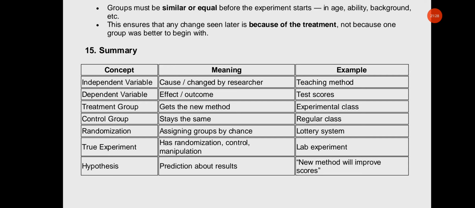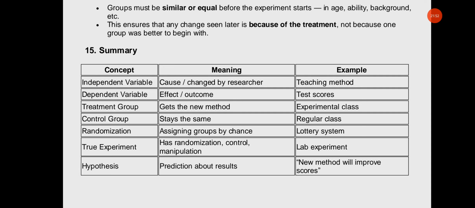Control group means stays the same. Example, regular class. Randomization: assigning groups by chance. For example, a lottery system. Like in a lottery, a random person is considered the winner. They just decide through randomization.